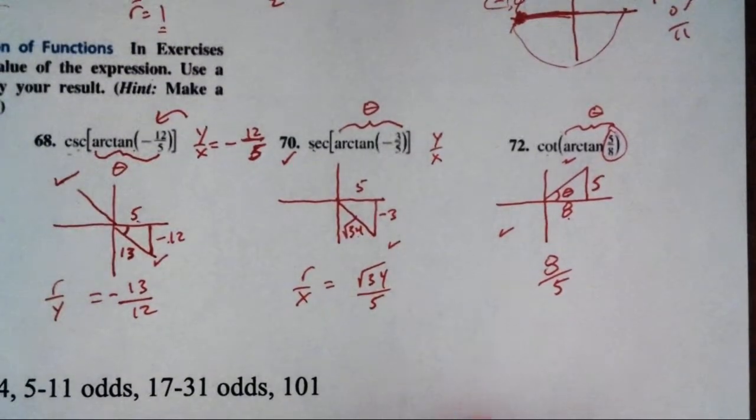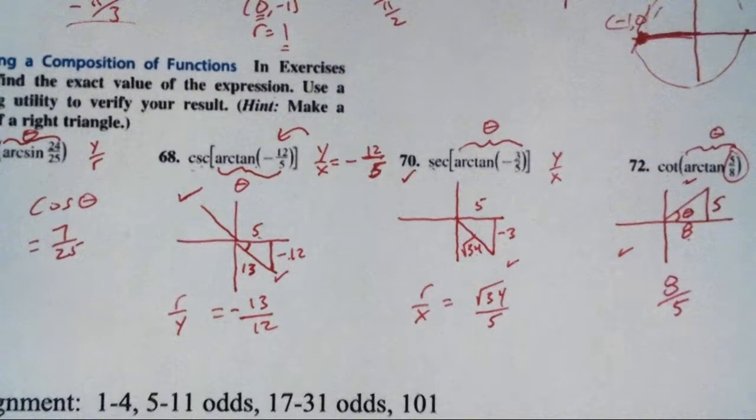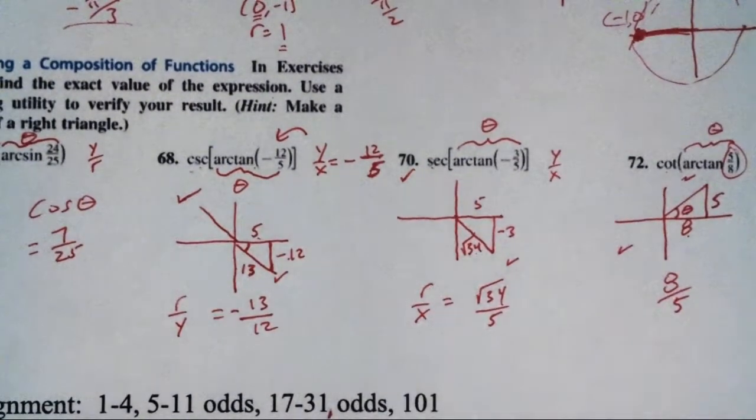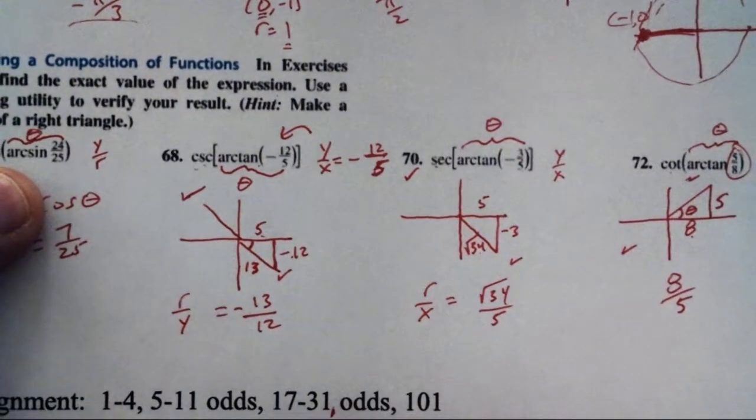Okay, now, important announcement here. I've got to grab my sheet, take a look at this. This homework set doesn't include everything I want on it. We're going to go 17, it's a much bigger assignment, sorry about that. We're going to go 17 through 31, but not really through 31. We're actually going to take that all the way through, looking at my book right now, all the way to 79.